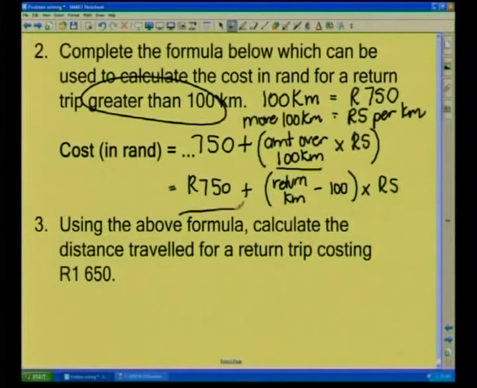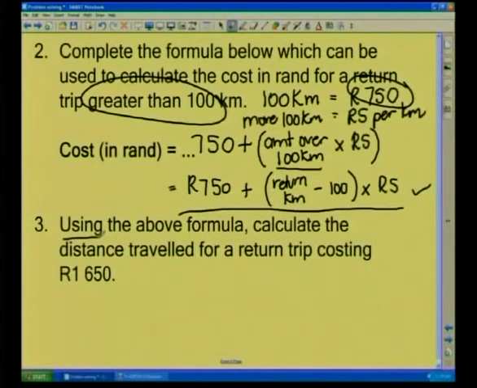So that would be my final formula. 750 Rand, which is what it cost before we went over 100 kilometers. And then the return kilometers, in the previous example that was 125, minus 100, which would have given us 25, times the 5 Rand. So now, checking back with the previous example, we know that that formula will work.